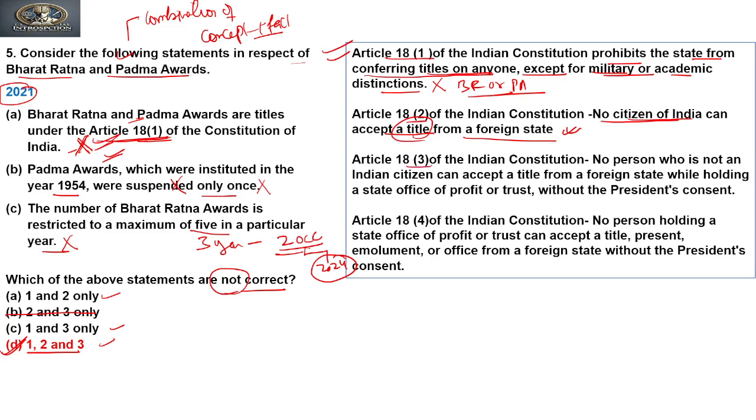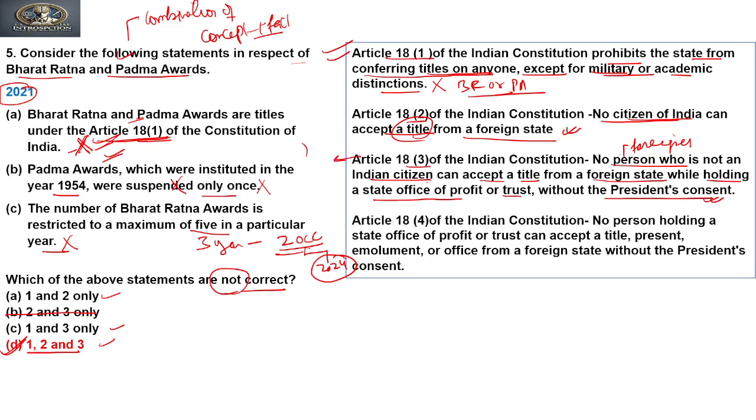Article 18 clause 3 of the Indian Constitution talks about a person who is not an Indian citizen, that is, a foreigner, a foreign national. So no person who is not an Indian citizen can accept a title from a foreign state while holding an office of profit or trust under the state without the consent of the President.